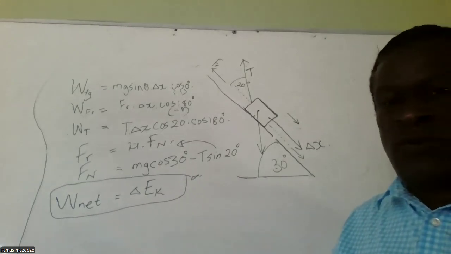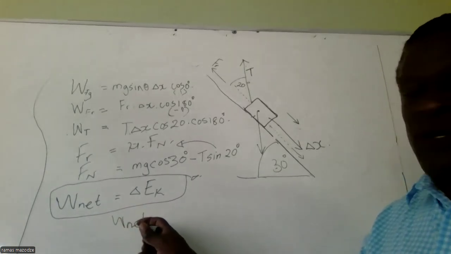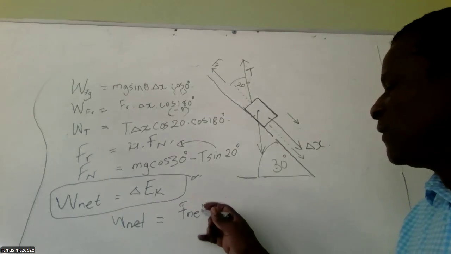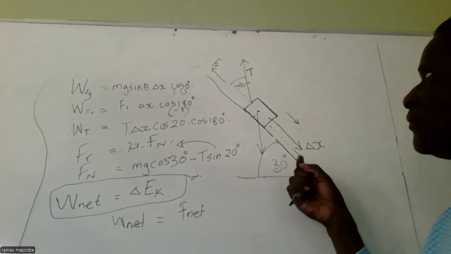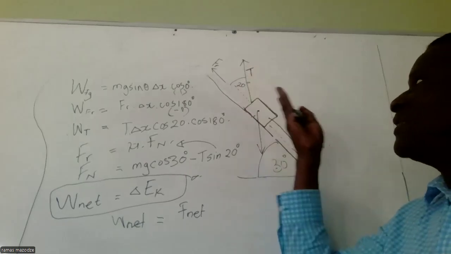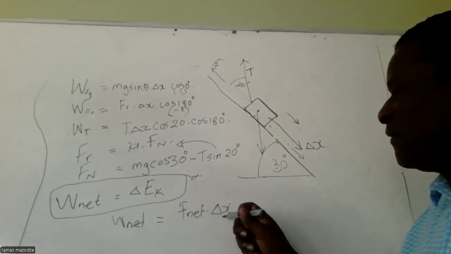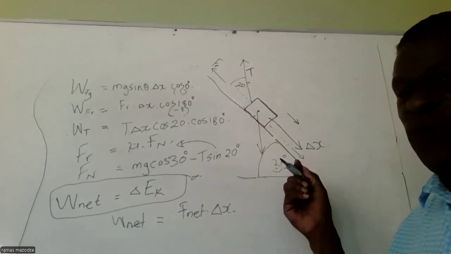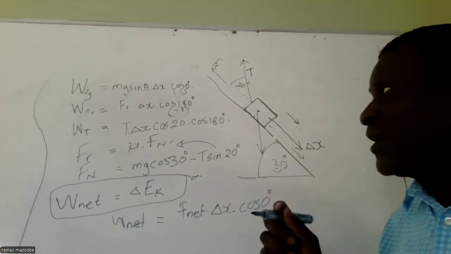Another method is where net work equals the net force times delta x. The net force is the forces down, which is mg sin 30, minus all the forces going the other way, minus friction minus T cos 20. Then you multiply that by delta x. Obviously your net force is in the same direction as the movement of the object, so it is cos 0. Hope we have got this.